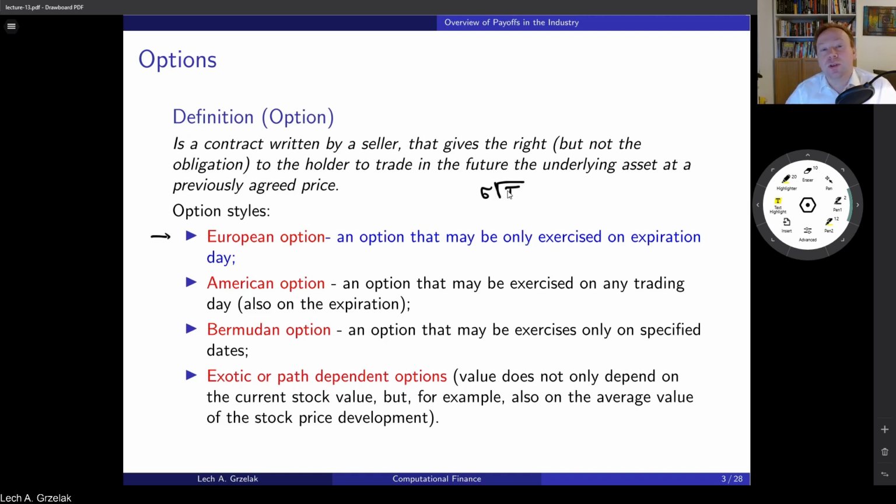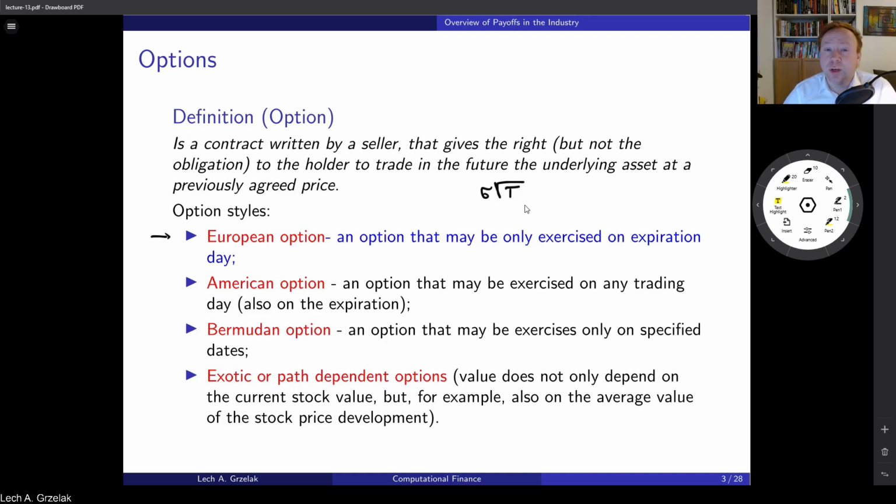So even if, for example, you're right about the direction of a stock, whether it's going up or down, typically it's very difficult to find a maturity at which the event of your expectation will actually happen. And that typically means that if you'd like to buy options with an extremely long maturity, this T will be very high, implied volatility or volatility overall will be high, and that means that the option price will be extremely high.